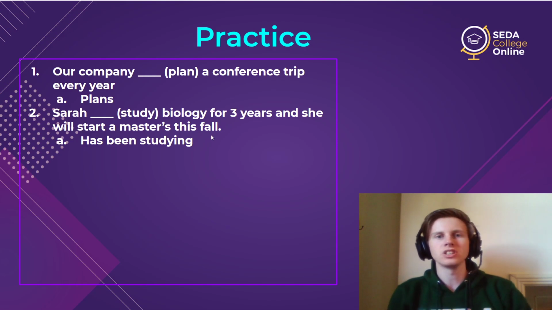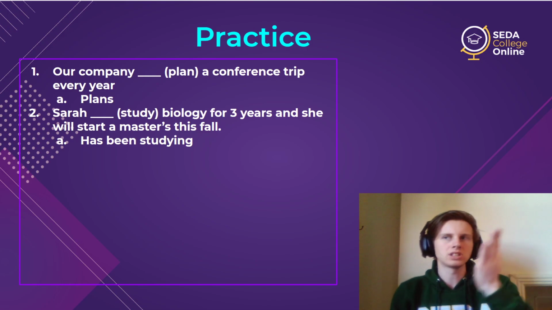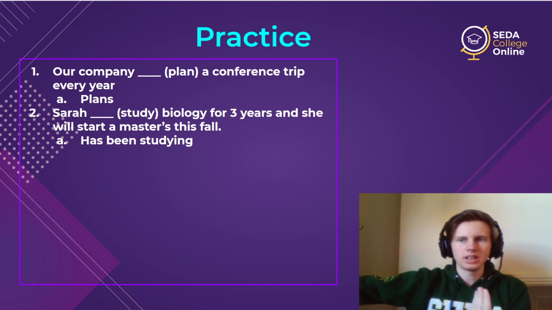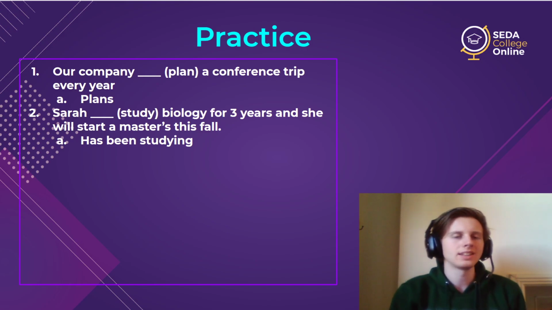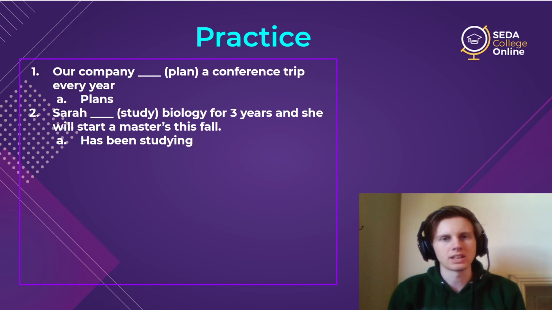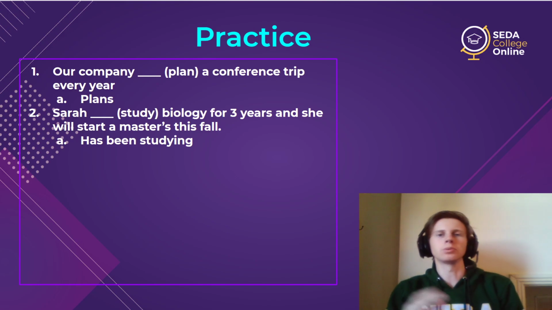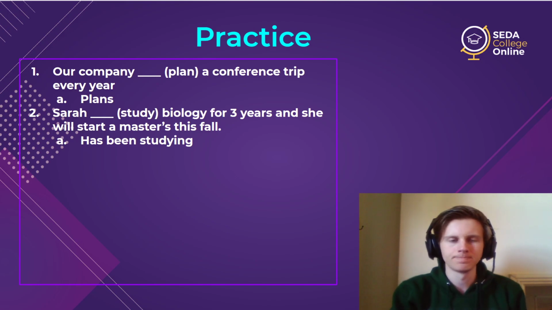So I know her study started in the past, it's continued all the way to now, and she plans to continue the study into the future. So that's why I say the present perfect continuous is best for this example, because we've got all of those parts: the past, the present, and the expectation that it will continue into the future.